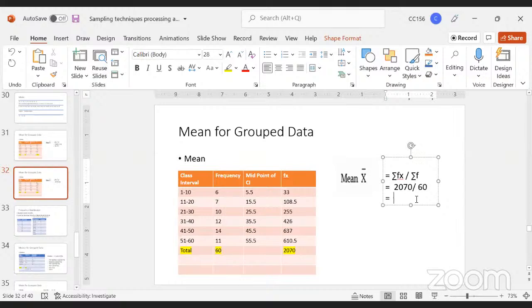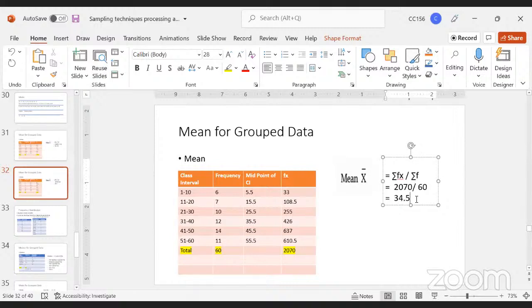Now quickly take 2070 by 60. Good, excellent. Is 36.5 everyone getting? I see there is a changeover. 34.5 is repeating. 2070 divided by 60, 34.5 is correct.